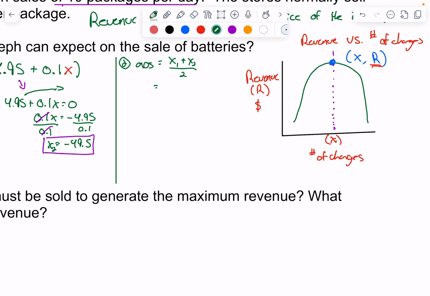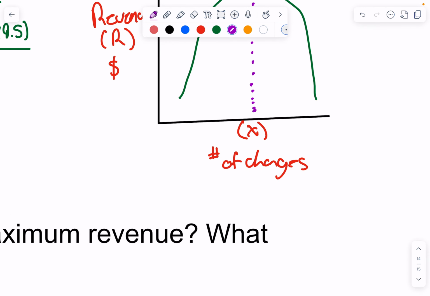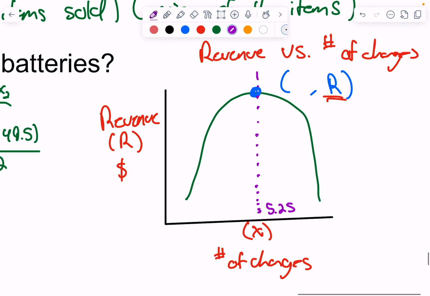So that would be 60 plus negative 49.5, divide this by 2, you would get 5.25. So that means the number of changes required is 5.25.